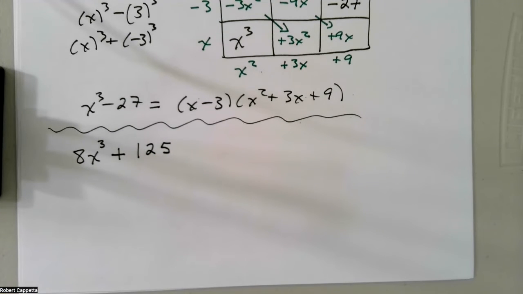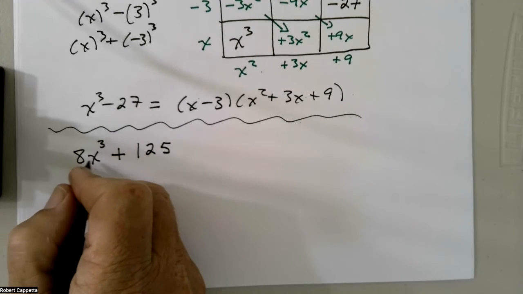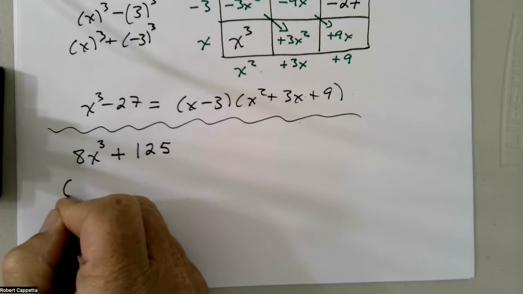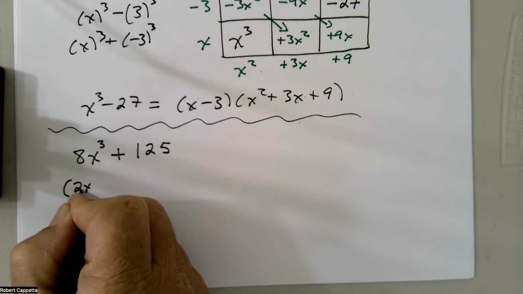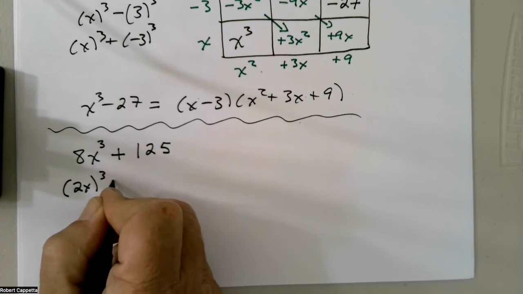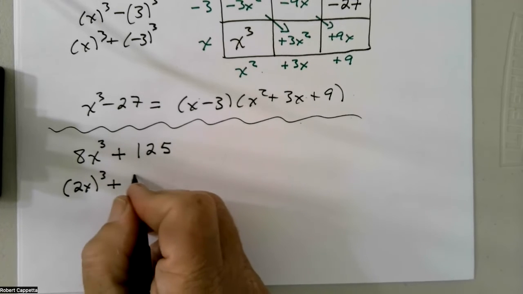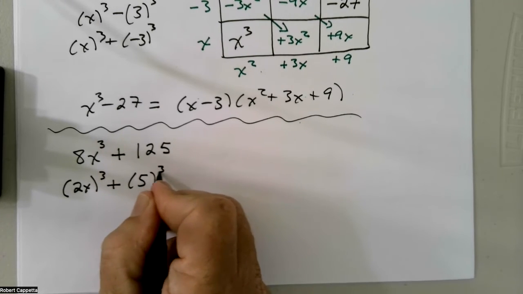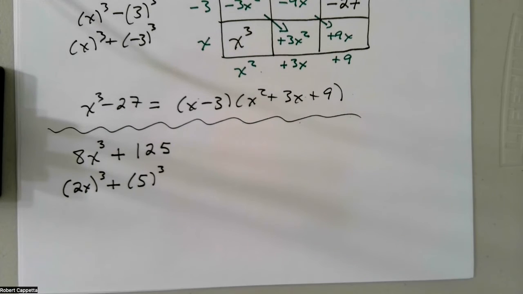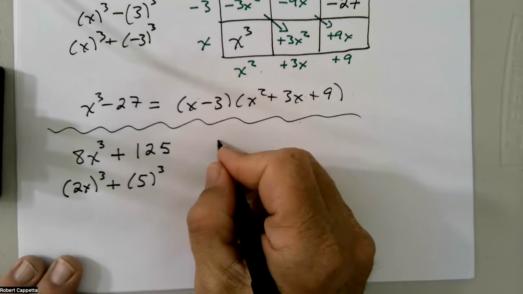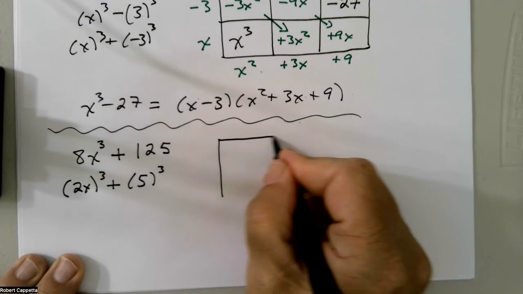So we need to figure out what the roots are. 8 is 2 cubed, x cubed is x cubed, or we could think of it this way as 2x to the third power. 125 is 5 to the third power. So those are the roots we're going to start with. Then we're going to build this out.